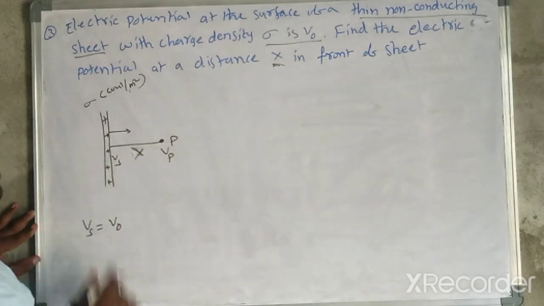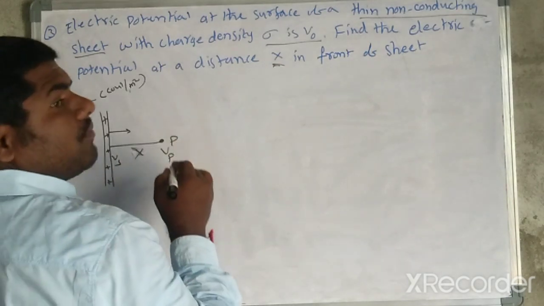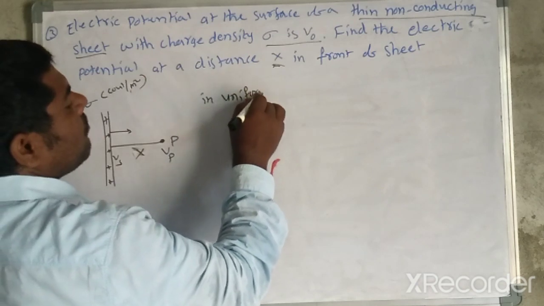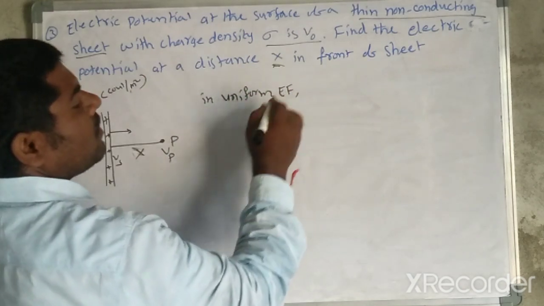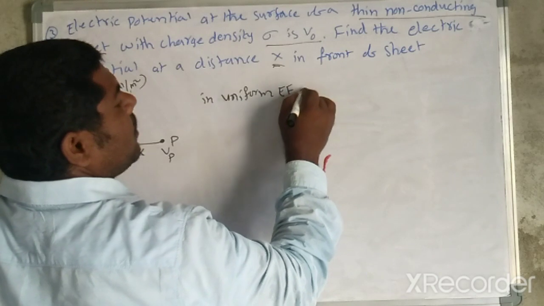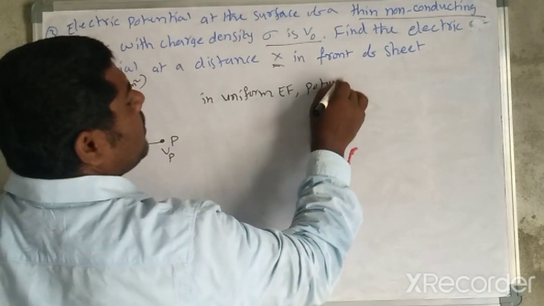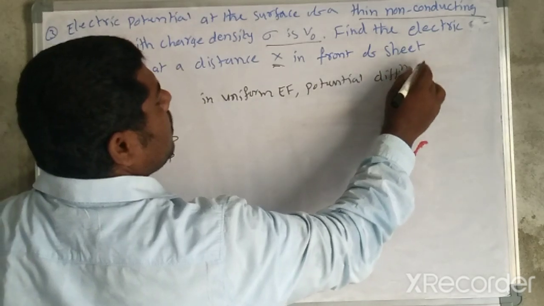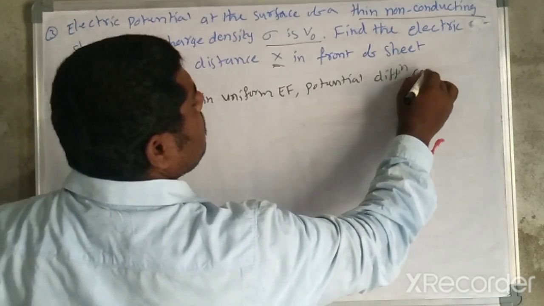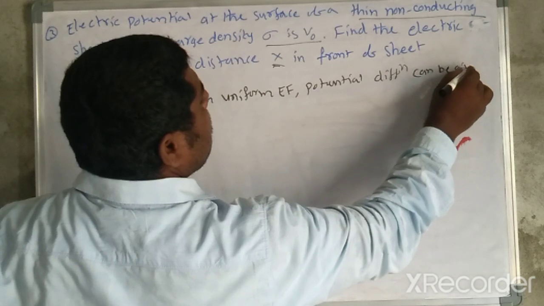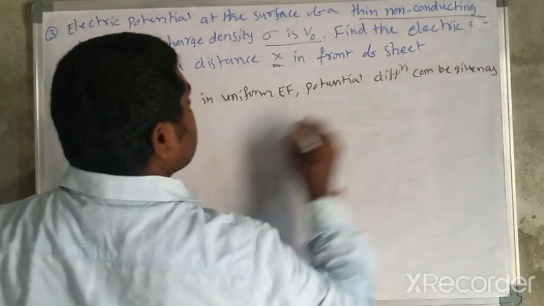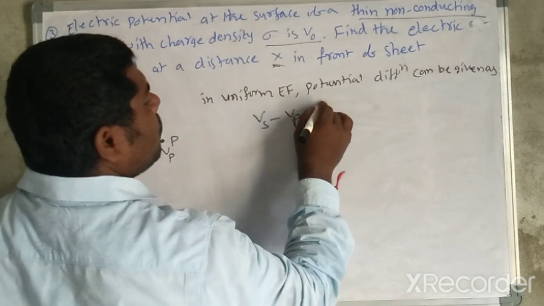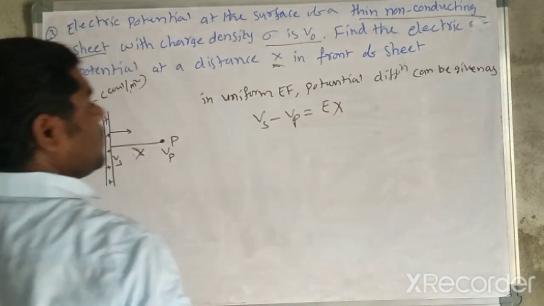So in a uniform electric field, the potential difference can be given as Vs minus Vp equal to E into x distance.